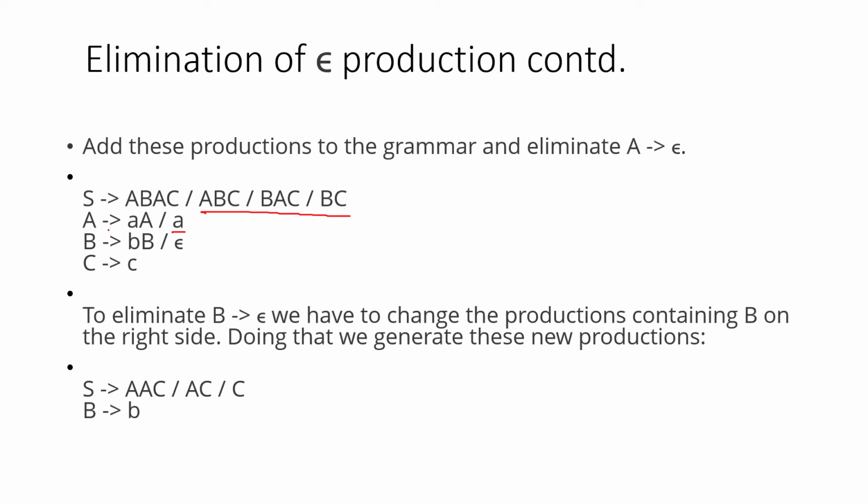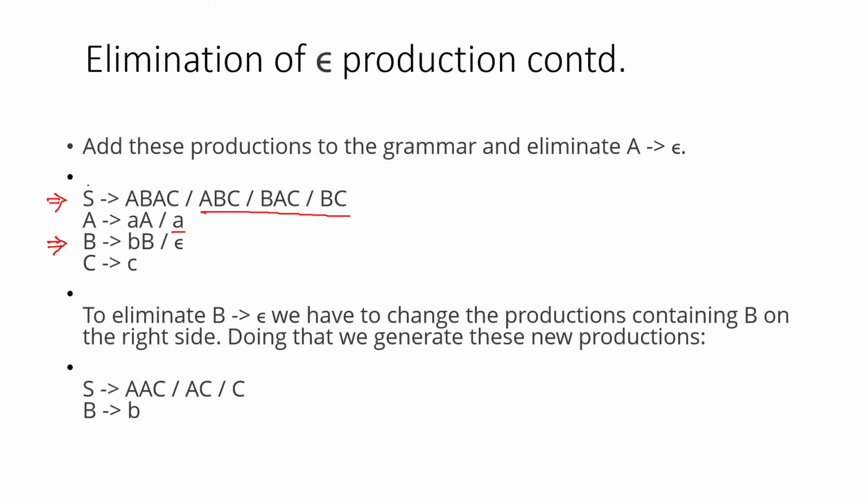First of all, which production rules have B on the right hand side? This is one, and these are others. That's why I have to change over here.